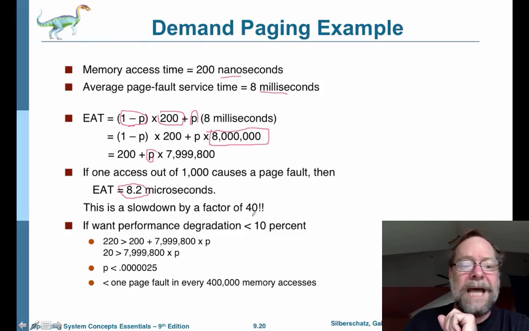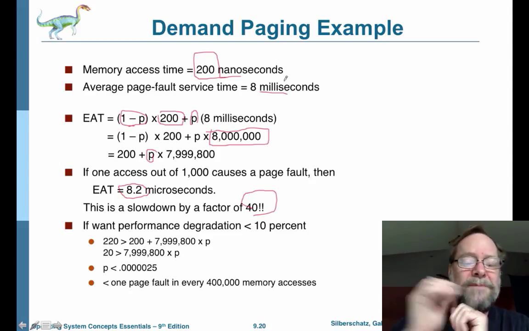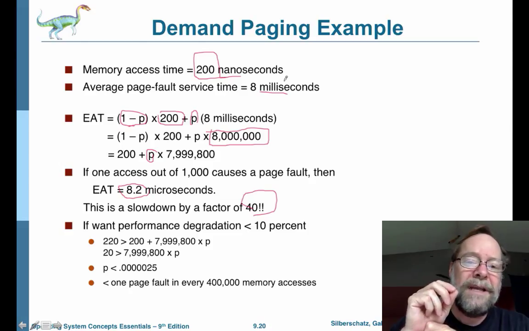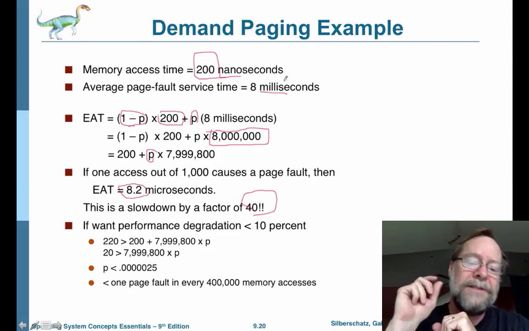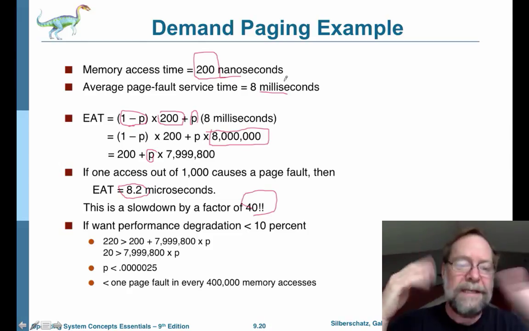That is 40 times bigger than our standard 200 nanosecond access time. That's a lot bigger. So even though the page fault rate seems very small, only 1 in 1,000, it means that our program is going to take 40 times longer to run than it would if we weren't using paging at all, if we just had the whole thing sitting in memory and thus no page faults whatsoever.